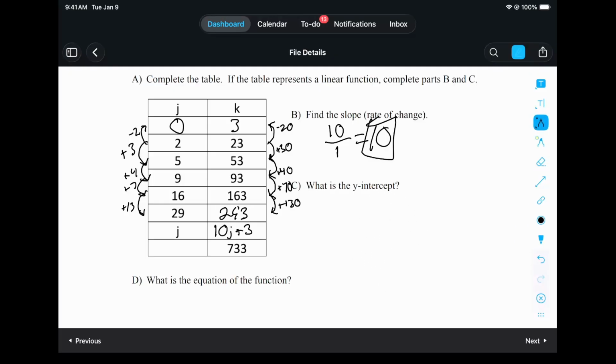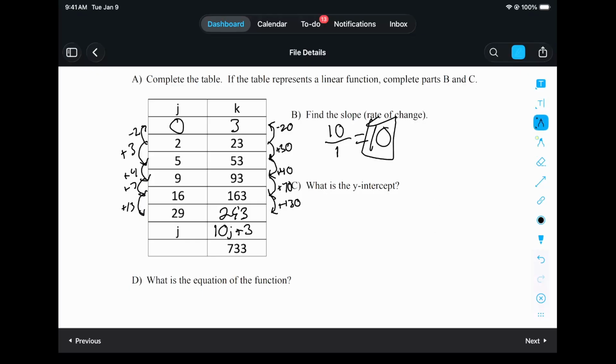So the y-intercept is like 3, or the y-intercept's like 4, it could be here. The y-intercept's -7, it could be here. Anytime your line hits the y-axis, bang, bang, bang.